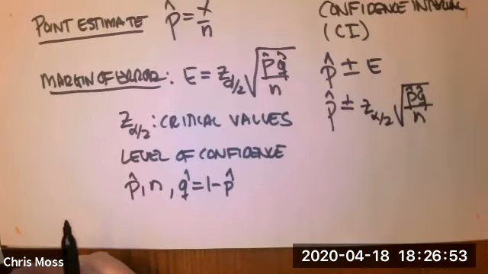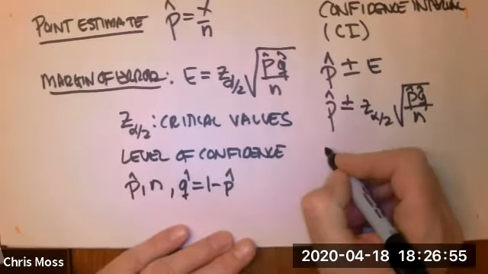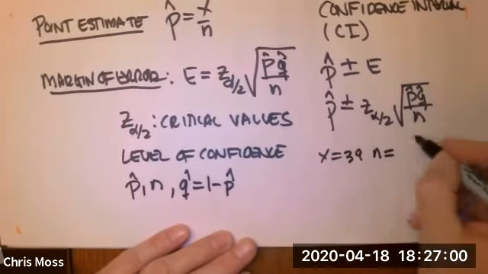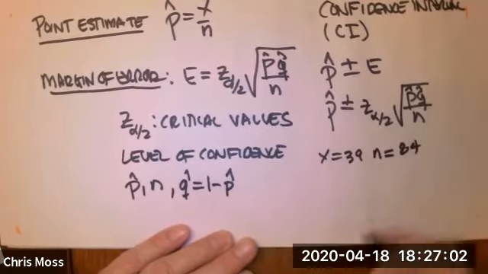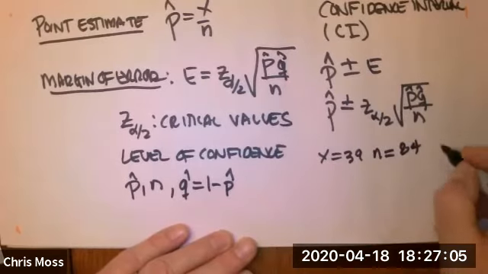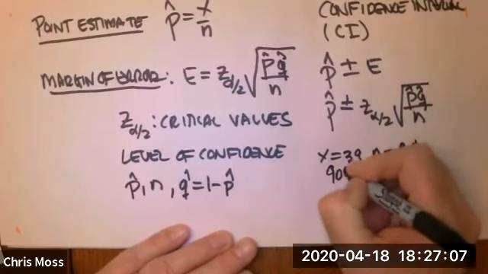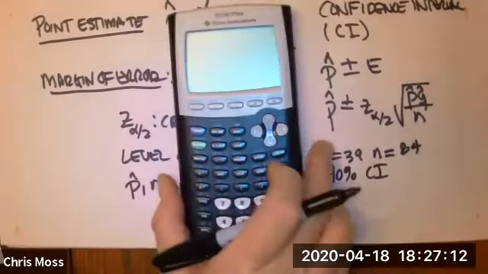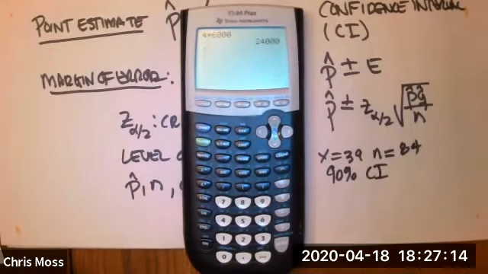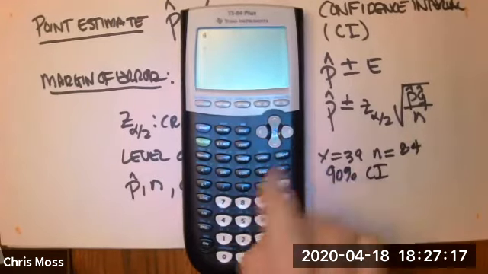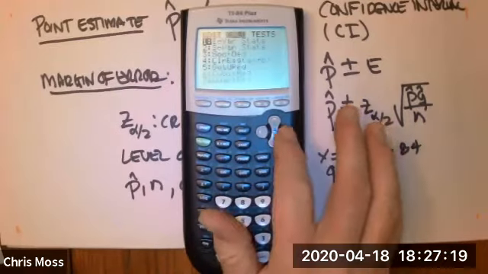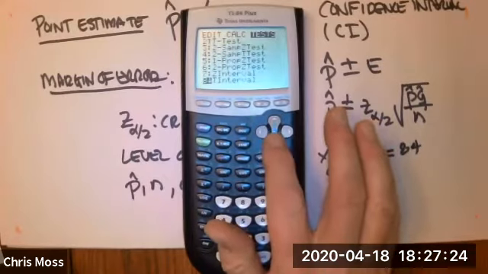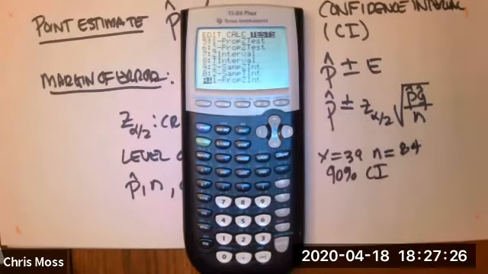There are more examples there. So for this particular example, x is 39, my sample size is 84, and we're going to construct the 90% confidence interval. So here's my calculator. It's fairly readable. Stats, all the way over to tests. I'll scroll down tests all the way to the 1-PropZInt.